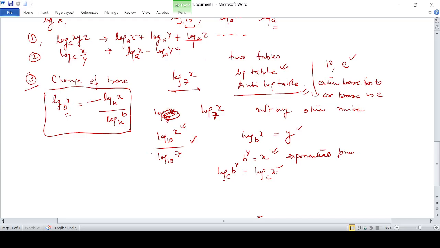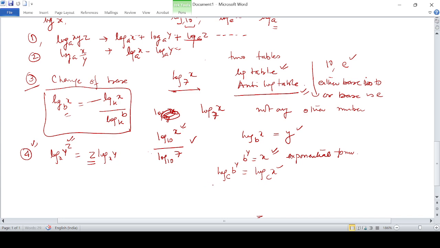One formula which I left, it is number 4, which actually I should have written as number 3: log x raised to the power z is equal to z log x, I mean this power becomes multiplication.